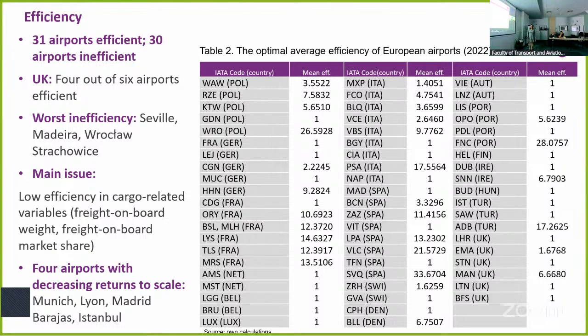And what was the main issue? Low efficiency in cargo-related variables, such as freight on board weight and freight on board market share. And 4 airports with decreasing returns to scale, such as Munich, Lyon, Madrid Barajas, and Istanbul.